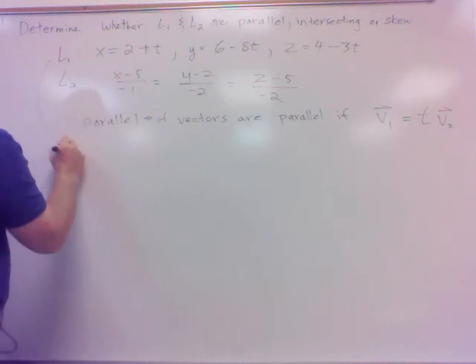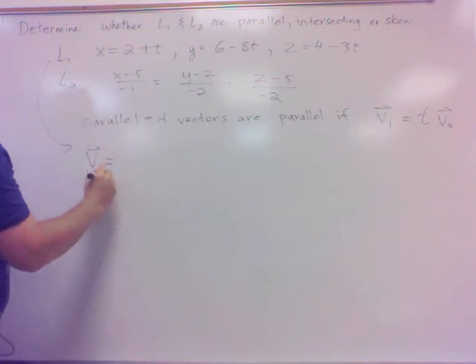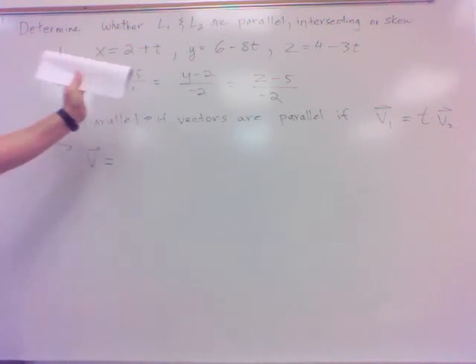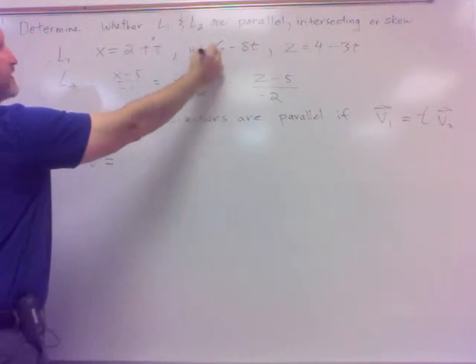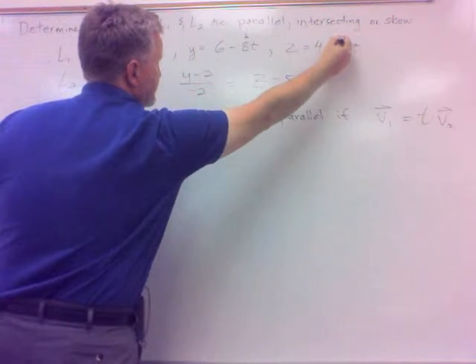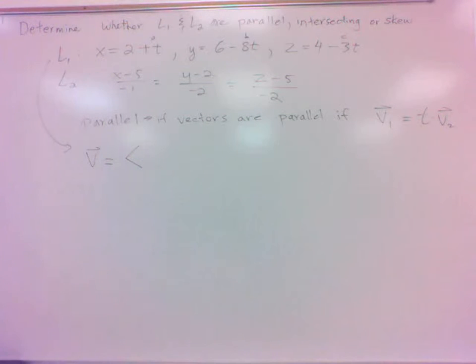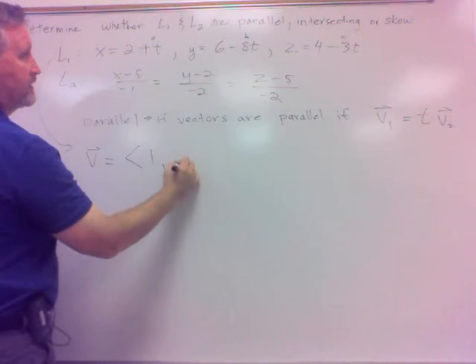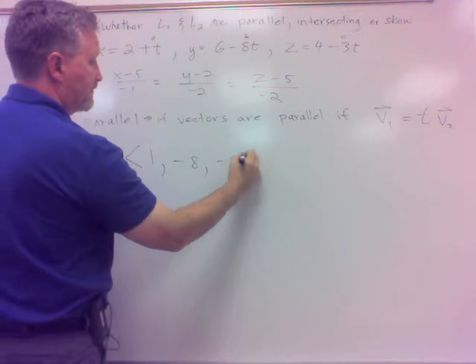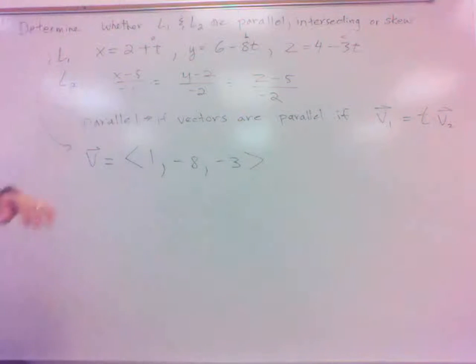For this, then, what is our direction vector? Well, when we've got it in XYZ format there, our A, B, and C, doesn't that define the vector? So it'd be 1, -8, and -3 when it's in this parametric equation form.